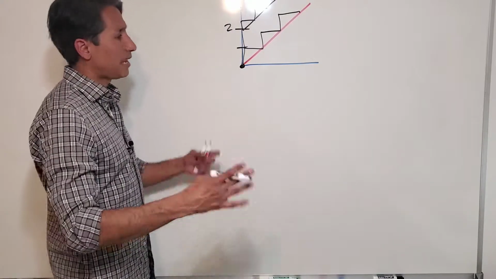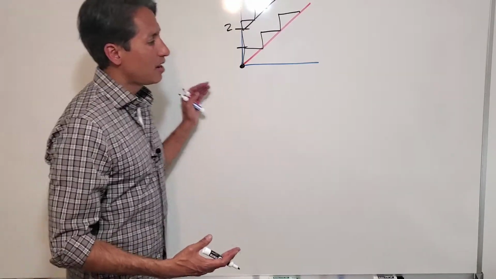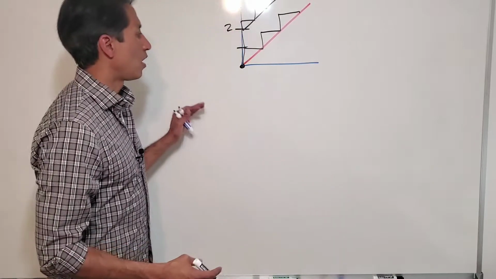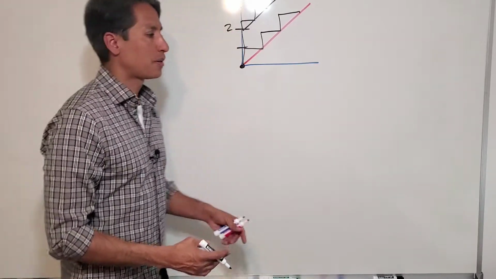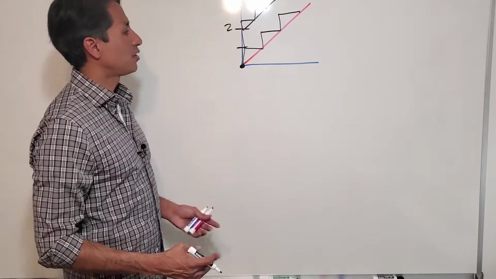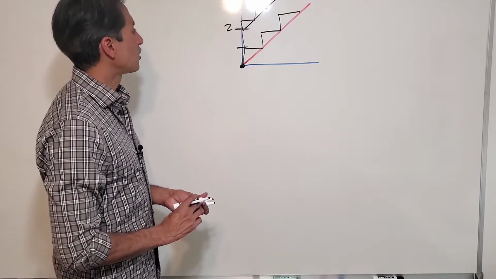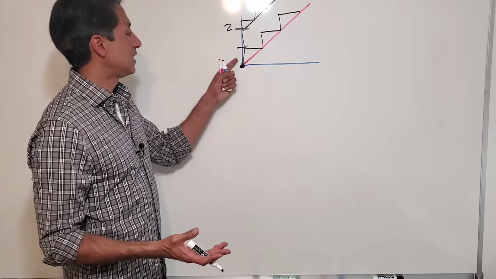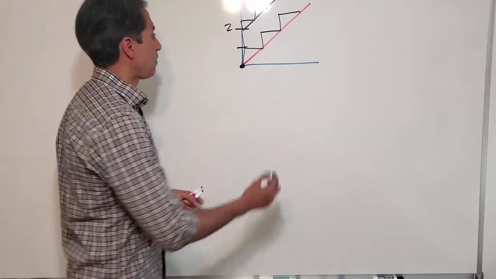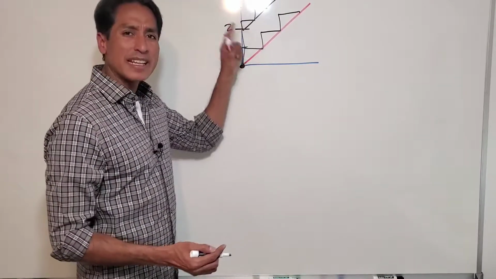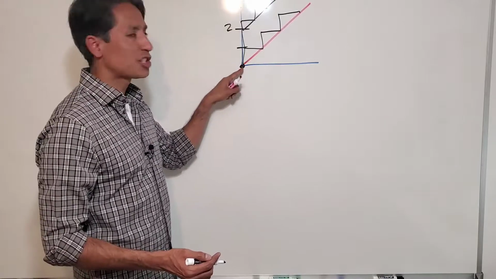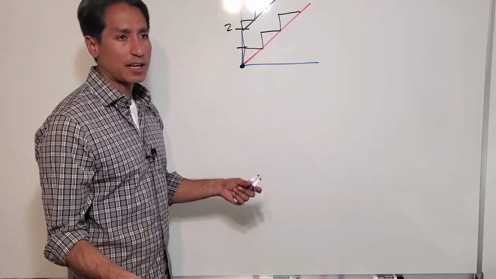And so you'll be given different things where you're given a set of numbers or a pattern that you have to work through and figure out if it has direct variation or not, okay? So just be careful with these guys. If you're given a graph, this is pretty easy to determine. Anything that starts at the origin is direct variation.